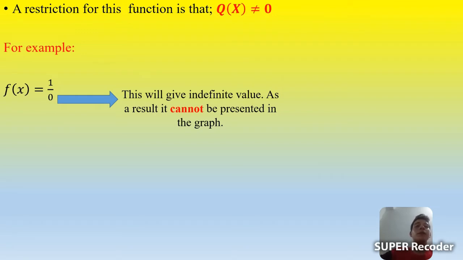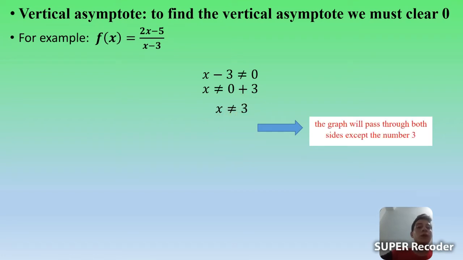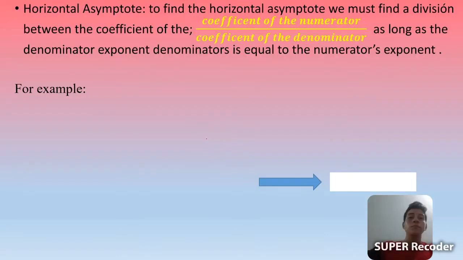As a result, it cannot be present in graphs. x minus 3 is different from 0, x is different from 0 plus 3, x is different from 3. The graph will pass through both sides except the number 3.